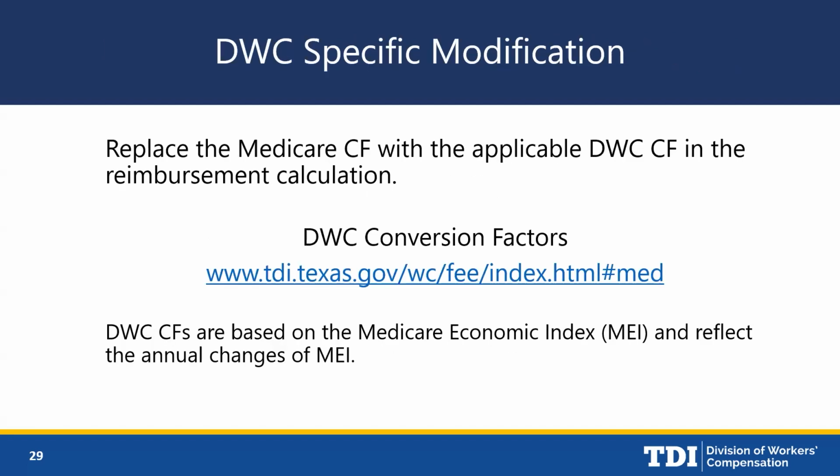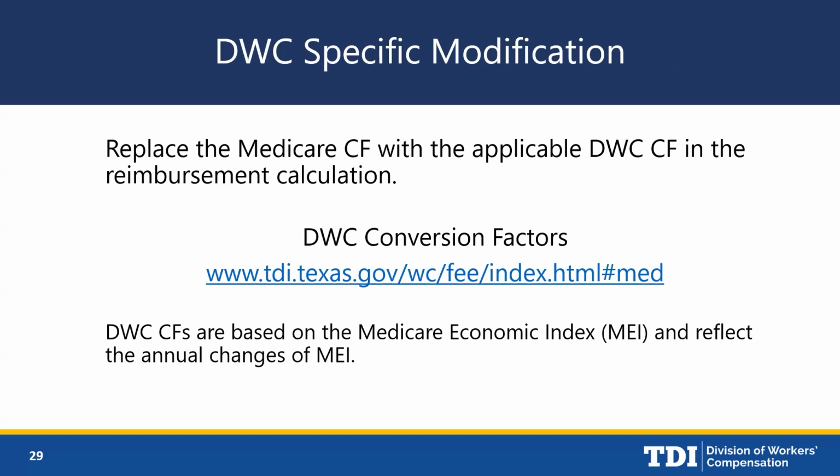So we have modifications. The law said adopt a standardized system. We did by using Medicare payment policies, but the law also says we can make adjustments or modifications. So in this, we do it in a big way. And that is we replace the Medicare conversion factor with the Division of Workers' Compensation conversion factor in that calculation I just showed you.